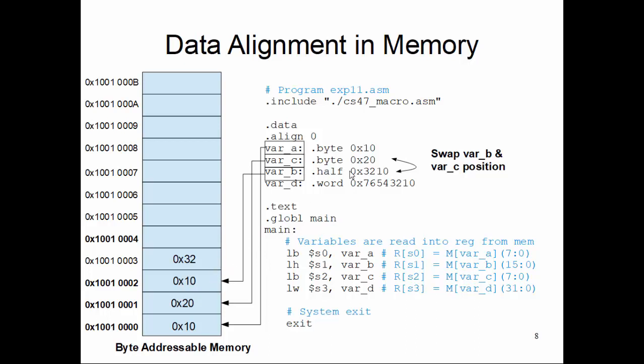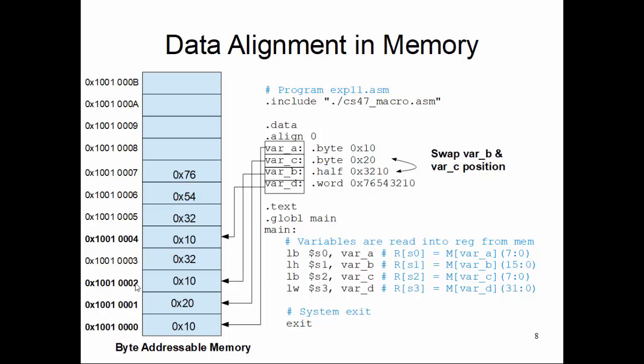So 10 is placed, 20 is placed, 3210 is placed, and then your complete word is placed. And with that, this load half word on the variable b now won't have a problem, because that half word is now starting from an even location, right? So just tweaking this sequence, we can save our day, right?